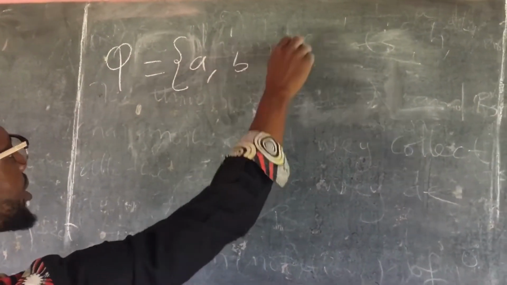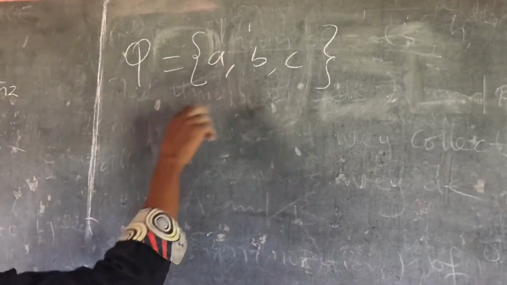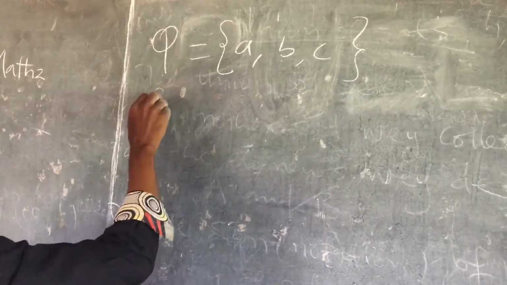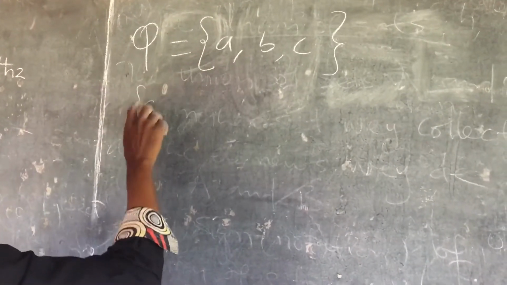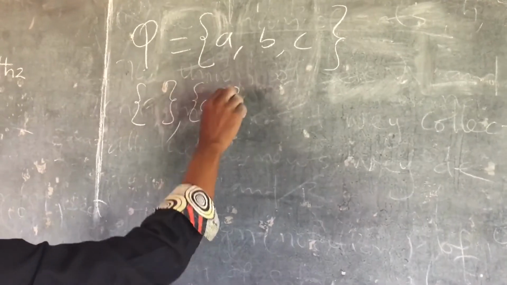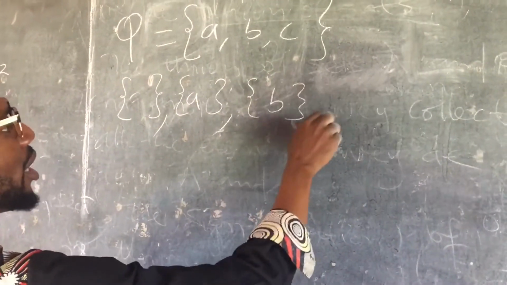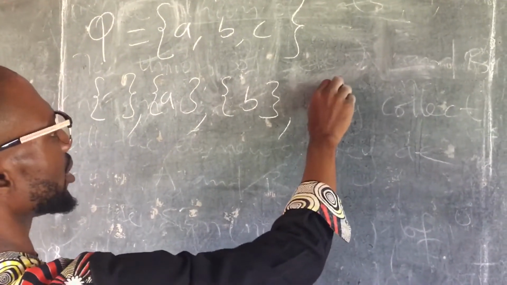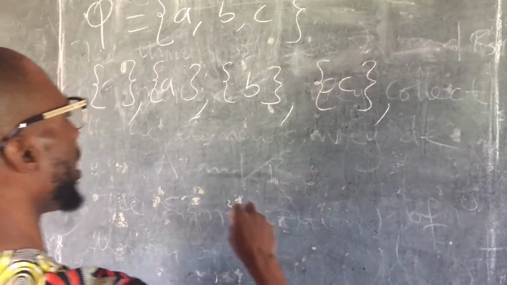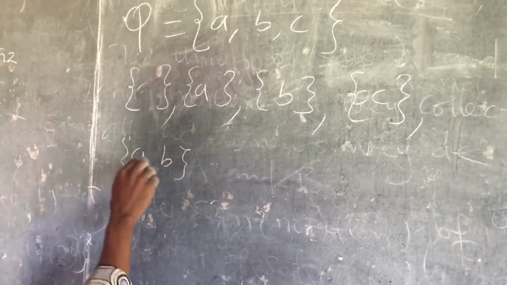We can check another power set. Power set of another set, we get 3 elements. So the subsets of this set: first we'll get the empty set. Second we'll get set A. And then we'll get set B. And then we'll get C. And then we'll get A and B, like this.